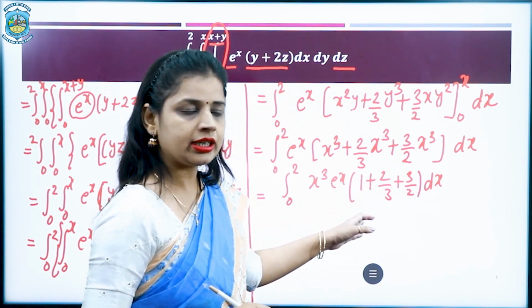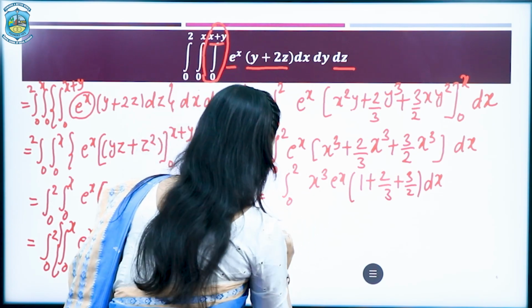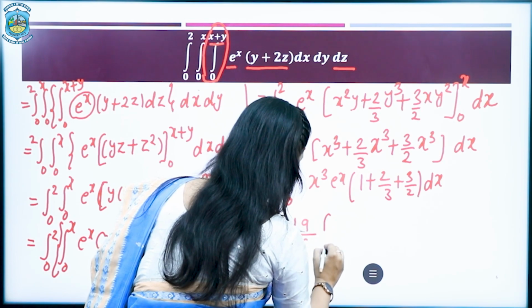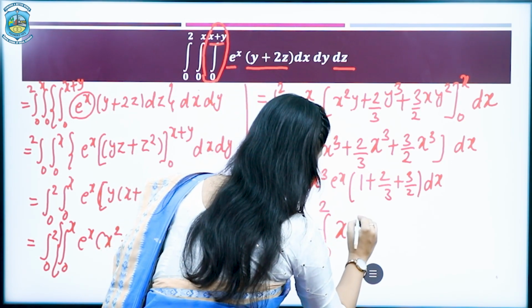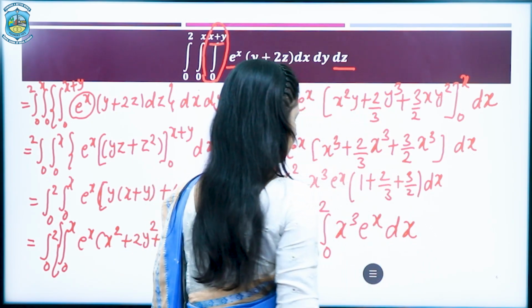We will take LCM and this term is 19 by 6. So, now we get 19 by 6 outside the integral, and integral from 0 to 2 x cube e to the power x with respect to x.